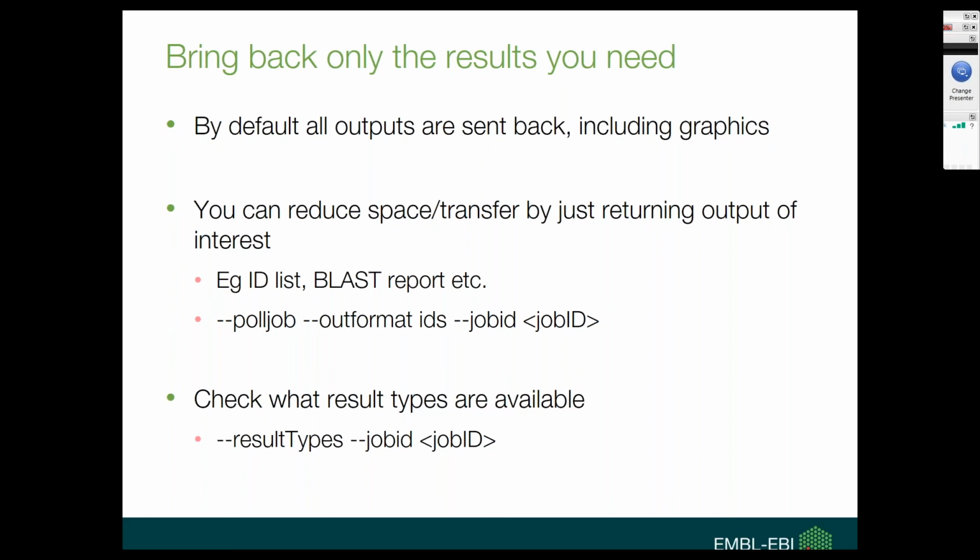So a typical check would be to run this once manually, see what kind of results you get back, and then specify just the ones you want. Or if you're running it manually, you might check what results are available before pulling them back. You might want to include a little loop in your program to check that the result type is found before you try to retrieve it, just to optimize the process a little bit.